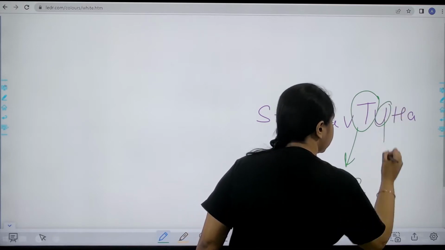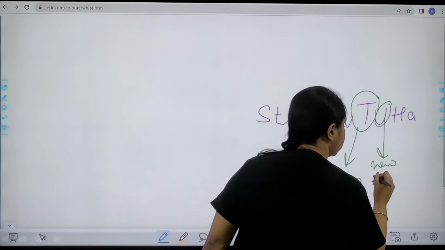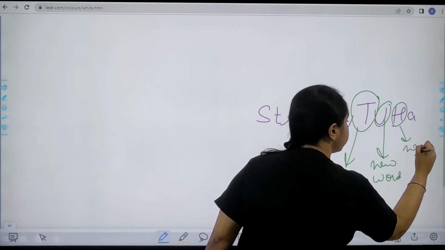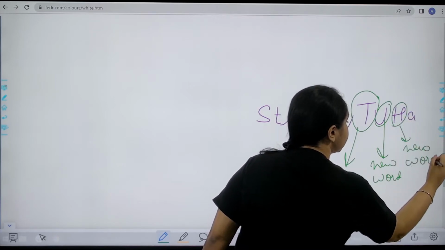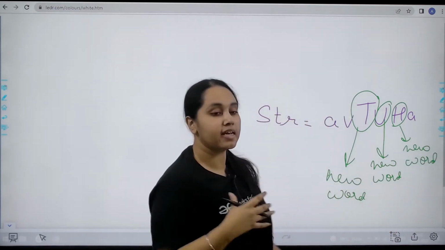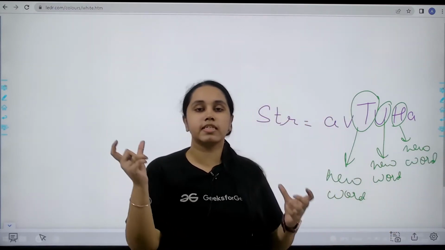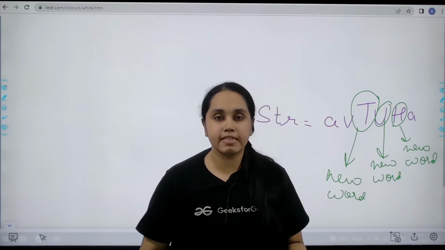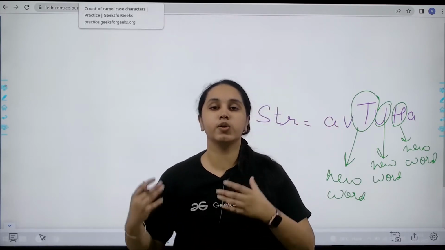This is a new word. This is a new word. So basically, instead of spaces or symbols, we say that whenever we come across a capital letter, that means we have started a new word.